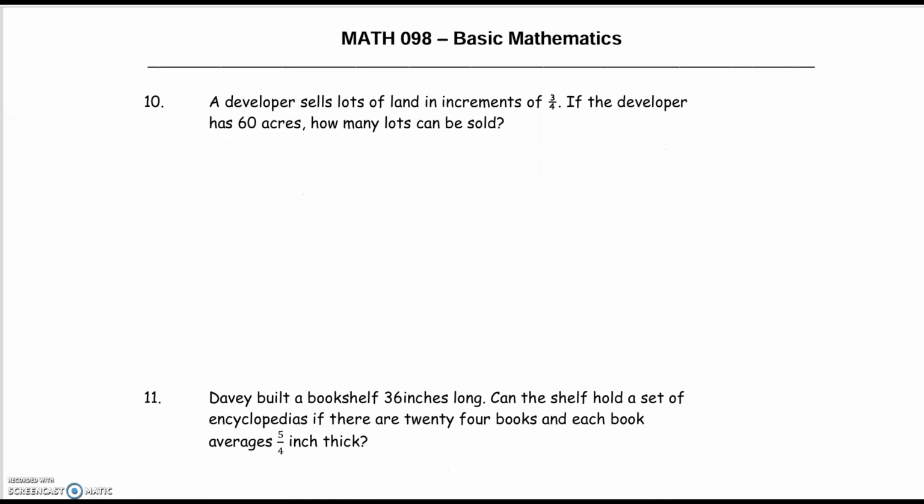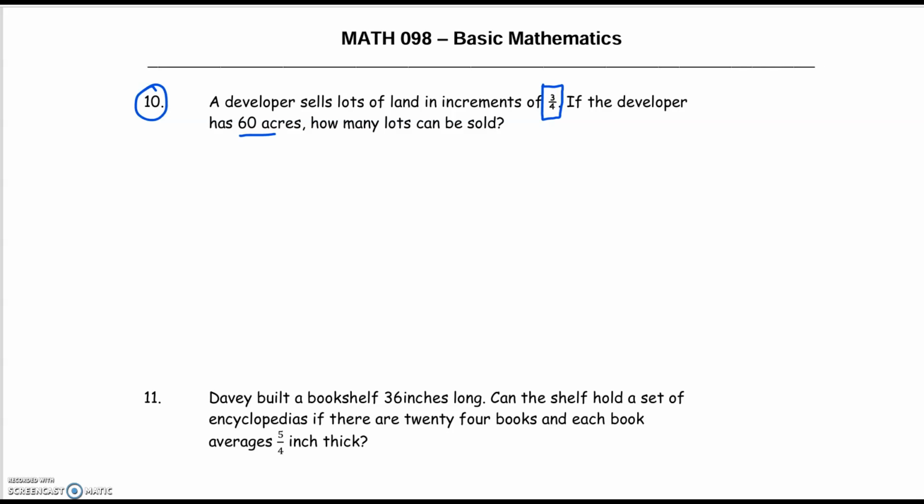So read the next question. It says, lots are being sold in increments of 3/4. What that means is a developer who has 60 acres is not going to sell 60 lots 1 acre each.